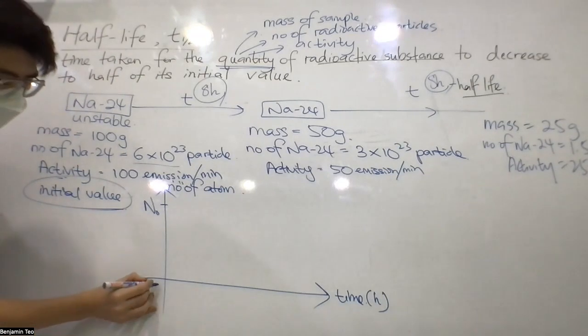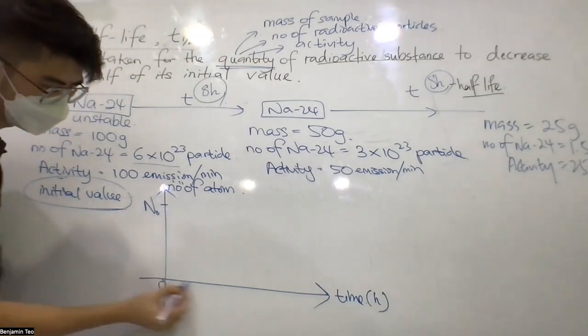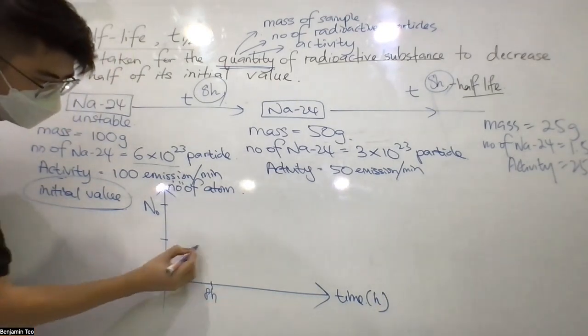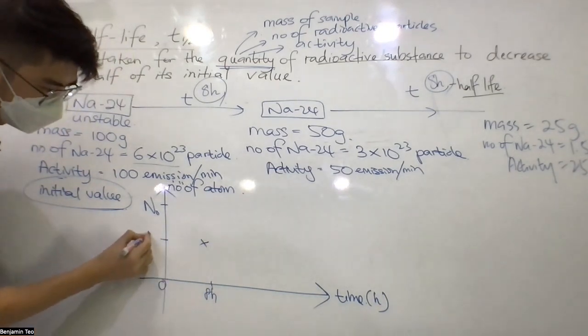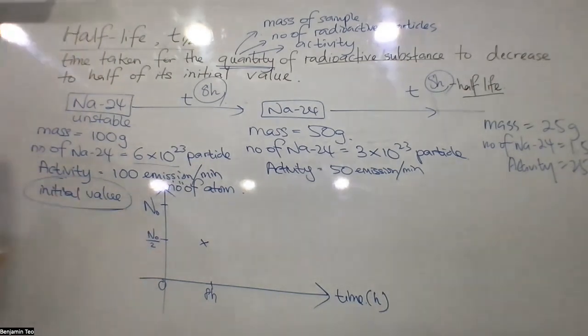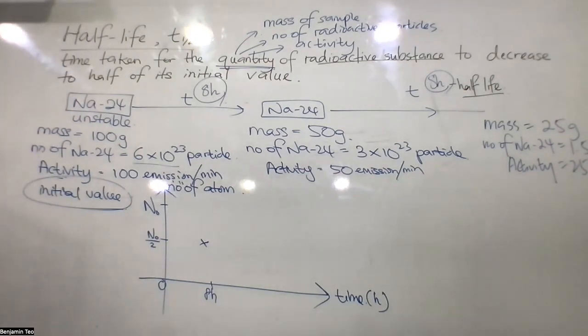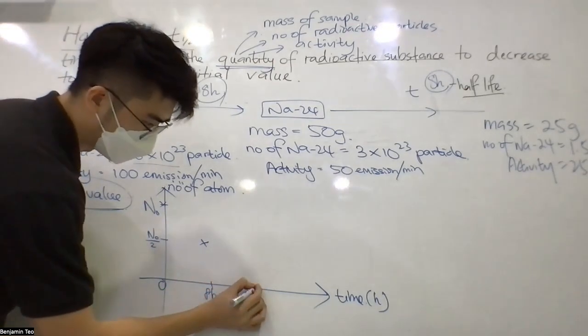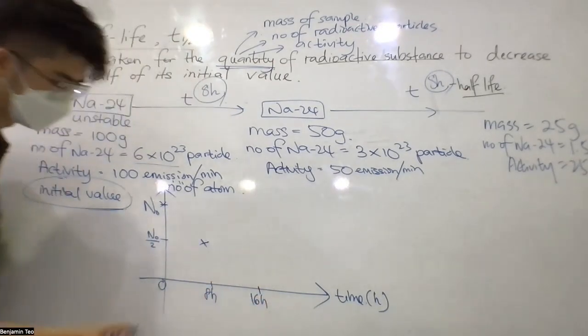After one half-life, this is time 0. 8 hours, 8 hours here. This one becomes N not divided by 2. So after 8 hours, then again 16 hours.